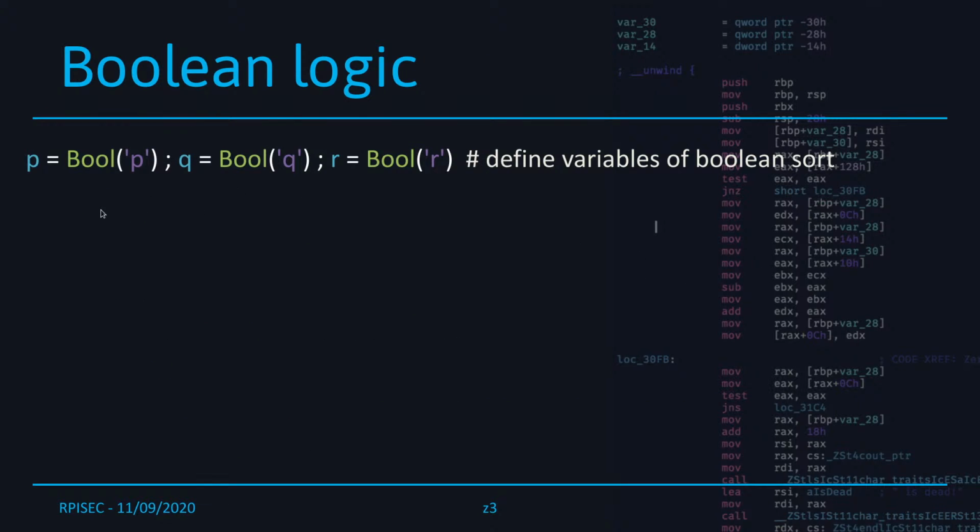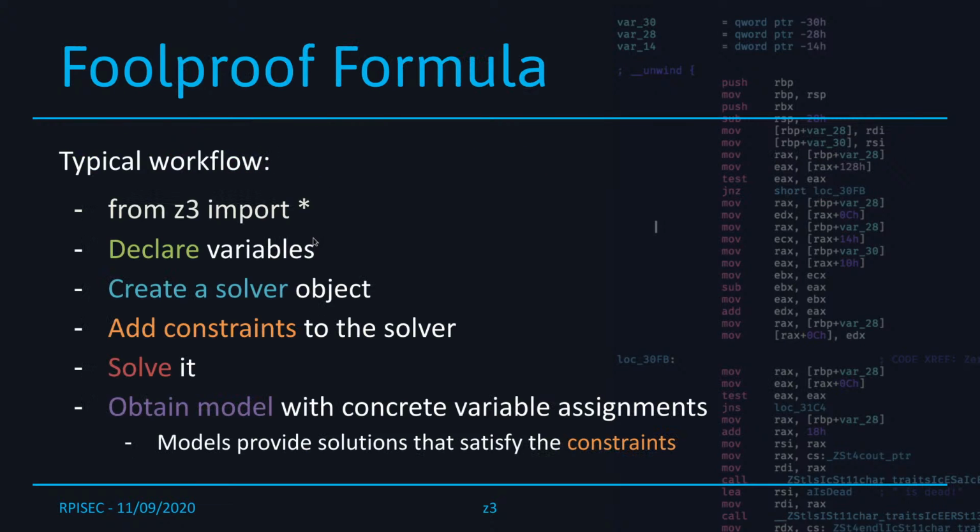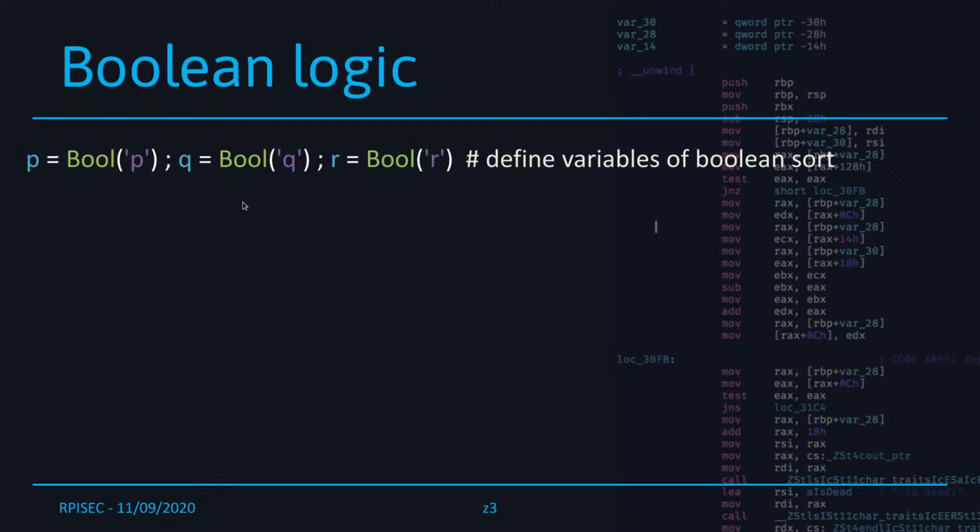So for example, when we want to define a bunch of Boolean variables here, so when we're at that declare variable step, we're going to follow a syntax kind of like this. So p equals Bool. Bool is a class here, so we're going to use an uppercase B, and then the name of that variable here. So in this case, we're just defining 3 variables, p, q, and r.